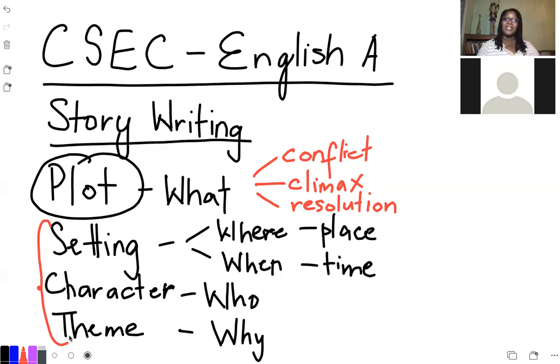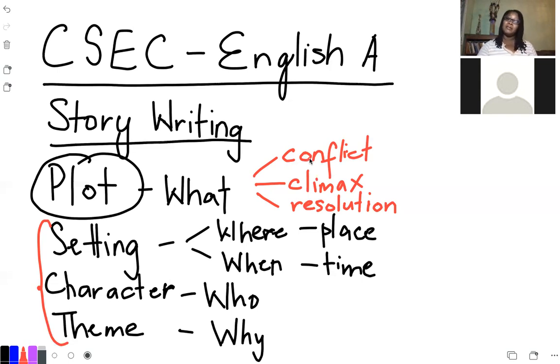The plot is behind your setting, because depending on the nature of the story that you're outlining, the plot would determine where the story is taking place, when it is taking place. It would also determine who is in the story, right? So your plot is very important.